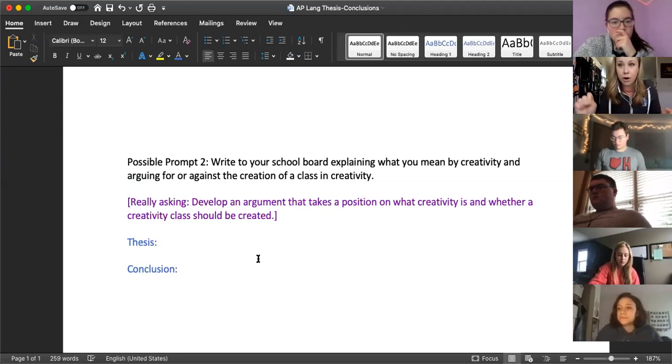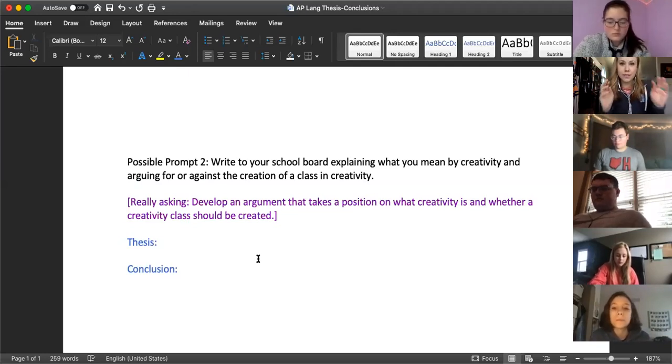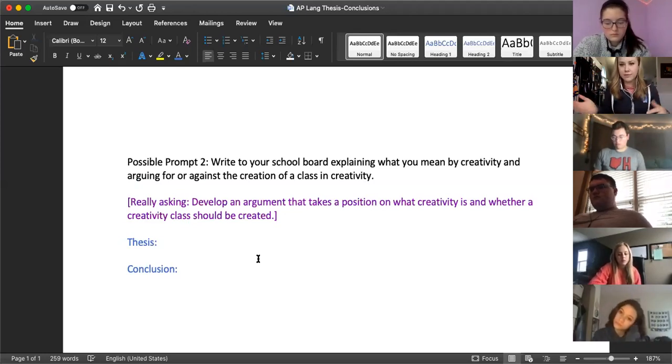And maybe you do that as part of your outline before you even dive into figuring out what your thesis and your claims might be. But it's like, what is creativity? What do you mean by creativity? And why should you have or not have a class in creativity? So what it's really asking you is to develop an argument that takes a position on what creativity is and whether or not you should have a class for that.